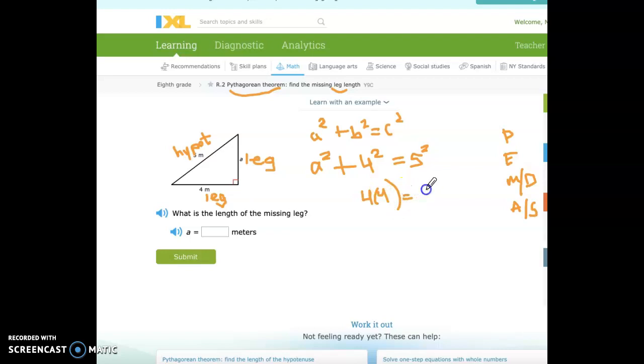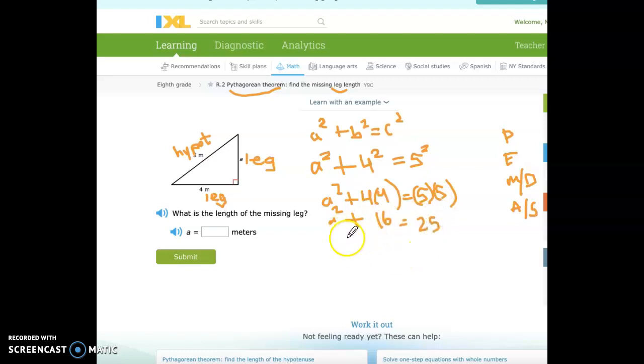I have 5 squared, which is the same as 5 times 5. And I'm just writing down my a squared. When I go through 4 times 4, it gives back 16. And 5 times 5 is 25.